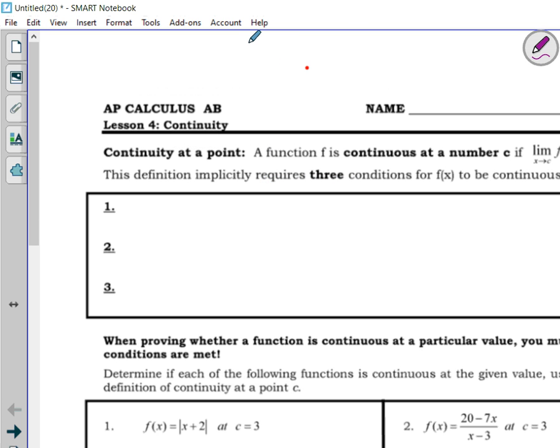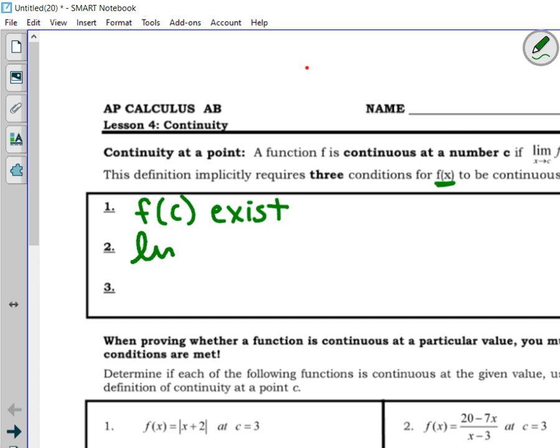Okay. So continuity. Not totally changing the topic, but an application of limits. Continuity. To be continuous at x equals c, for f of x to be continuous at c, we need f of c to exist. This is the same stuff we wrote down on day 1, right? We need f of c to exist.